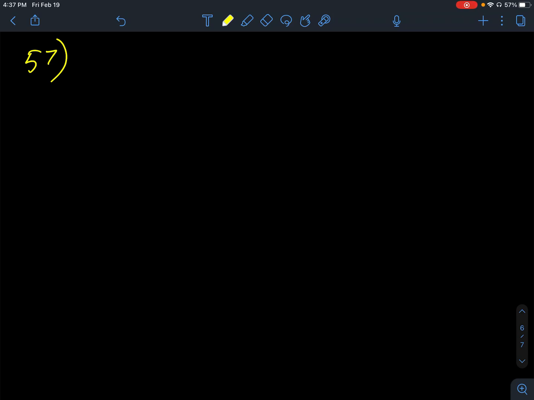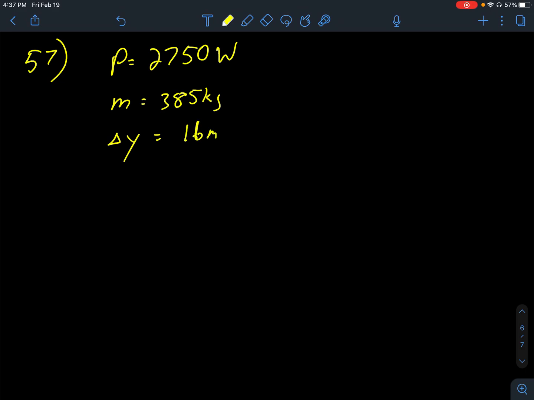How long will it take a 2,750 watt motor to lift a piano, with the mass given, to a 6-story window 16 meters above, sorry.